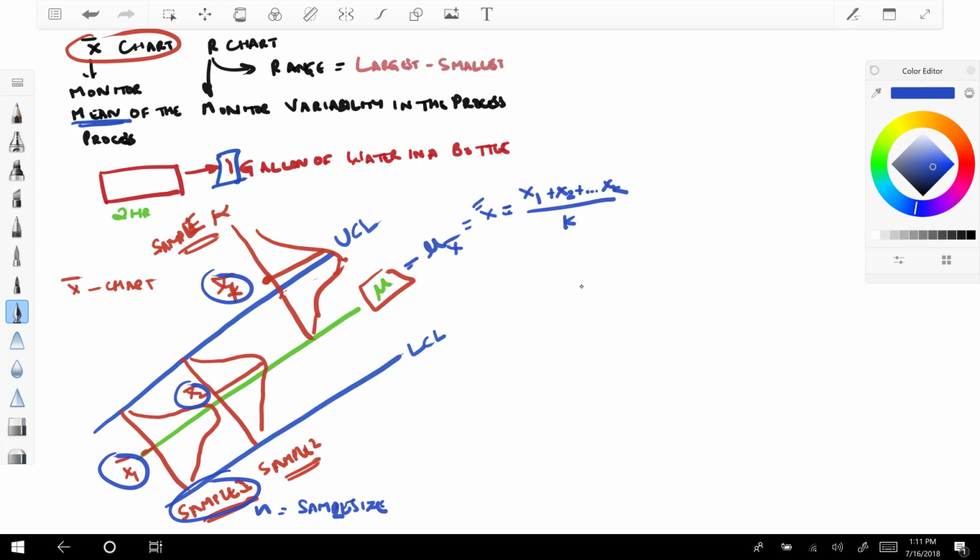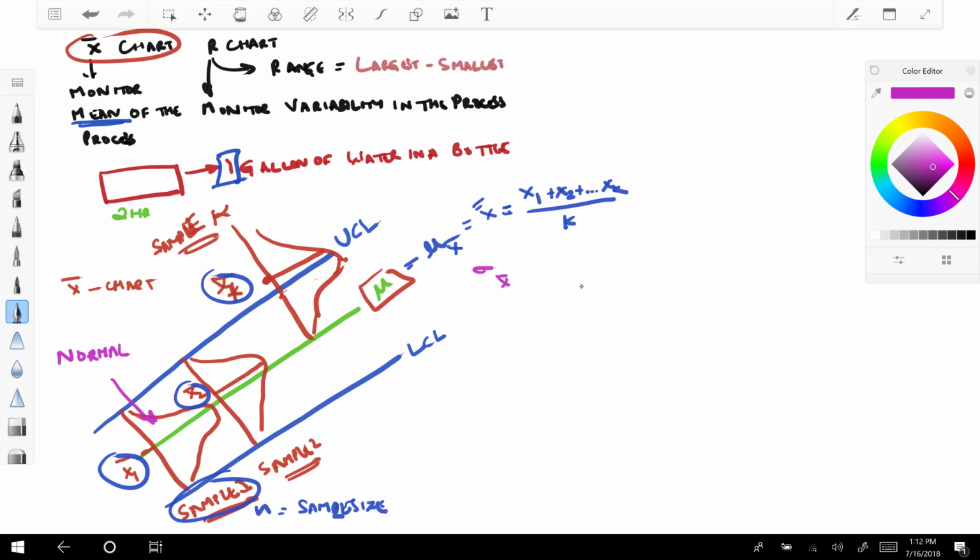Once we have this, one of the assumptions we made is that the sample will follow a normal distribution. Obviously then we will have a standard deviation, or the standard error. The standard error of the sampling distribution, since we are taking different samples, would be represented by sigma x bar.